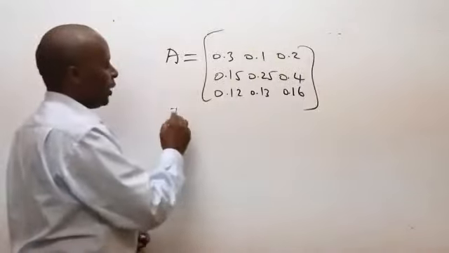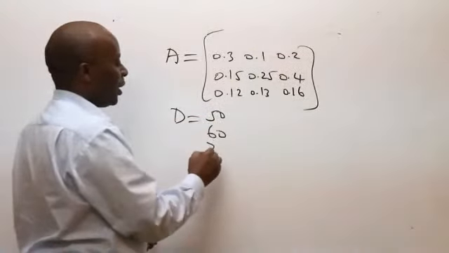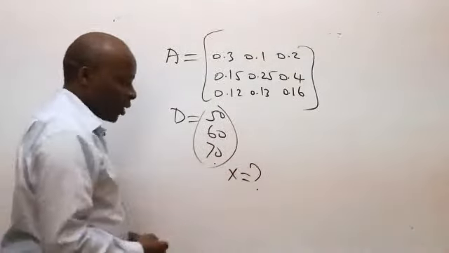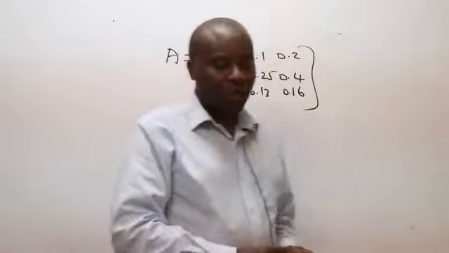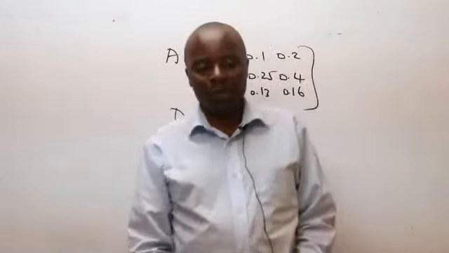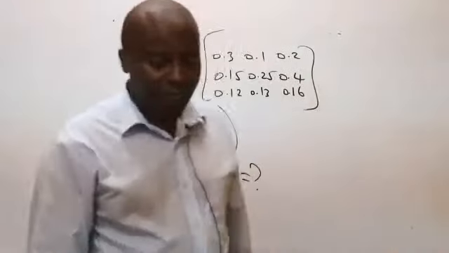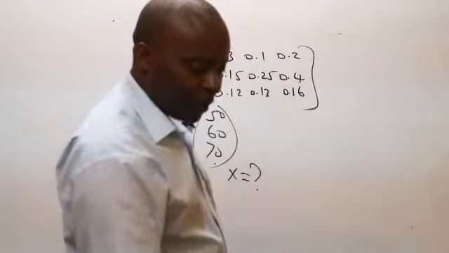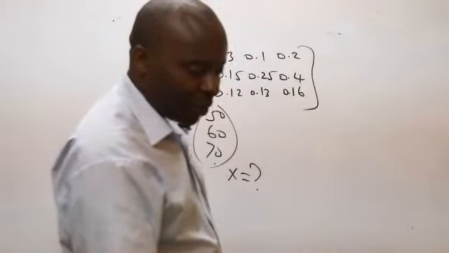And then I'll give you D of say 50, 60, 70. And then I'll ask you to get for us the total output. What do you think is the technical thing to be done there?